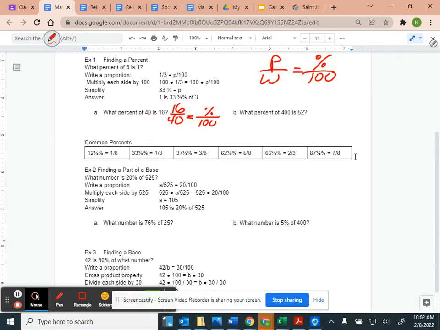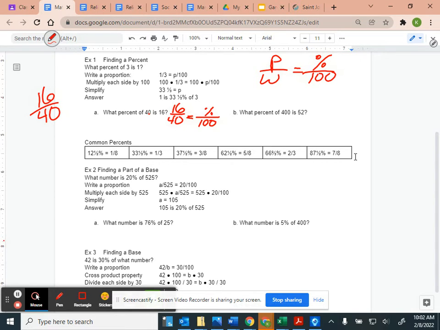So what percent of 40 is 16? Think of it as if we had taken a test and we got 16 right out of 40. You've seen teachers write that on your test. 16 out of 40. What percent is that? How can I figure out my grade? What would be that percent? 16 divided by 40. Okay. That 100 helps us to put it into a percentage.